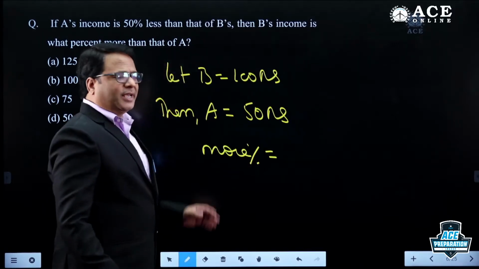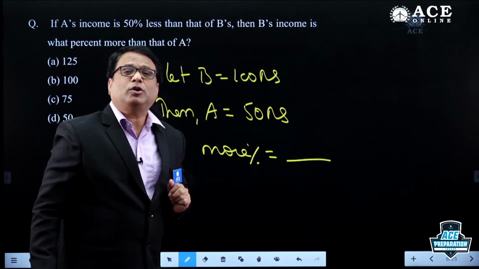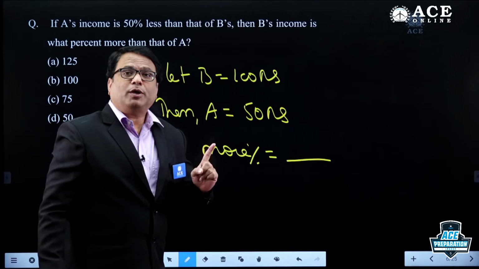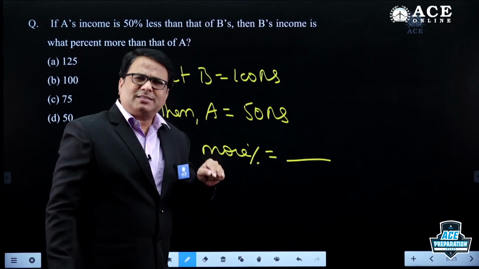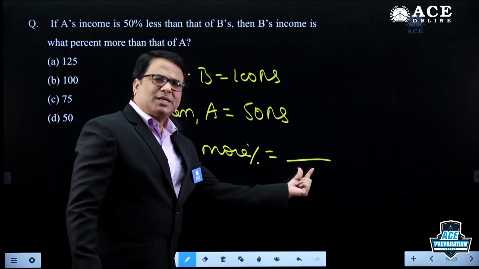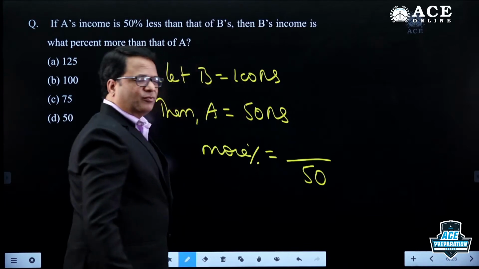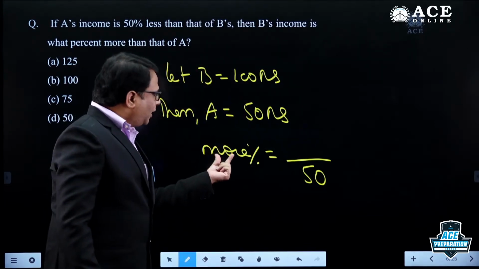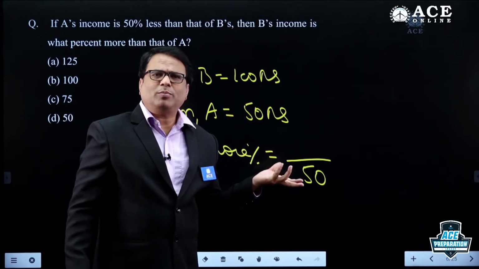Now, B's income is more when compared to what? B's income is more when compared to A's income. That means the comparison is done with A's income. So the denominator must be A's income, 50. A's income is 50. Then what should you write in the numerator? If you are calculating more percent, how much more do you have to write in the numerator?